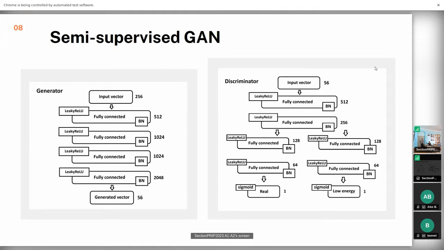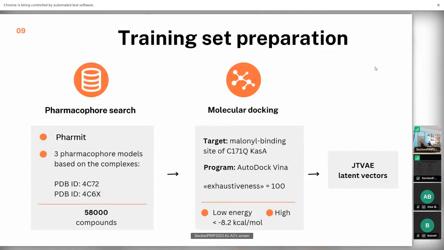How do we obtain the energy values? We used molecular docking. In the training set preparation process, we used PRIP and pharmacophore models to collect compounds similar to telomycin and its analog T11-5.